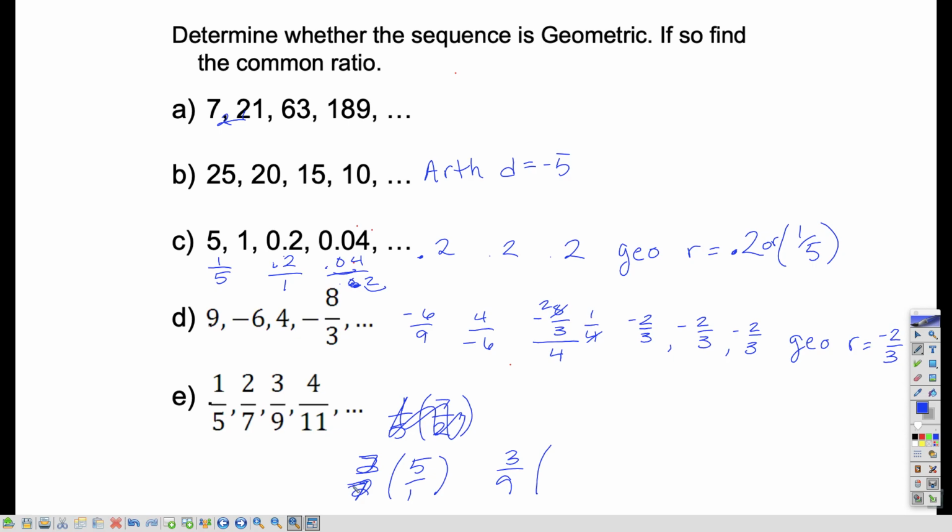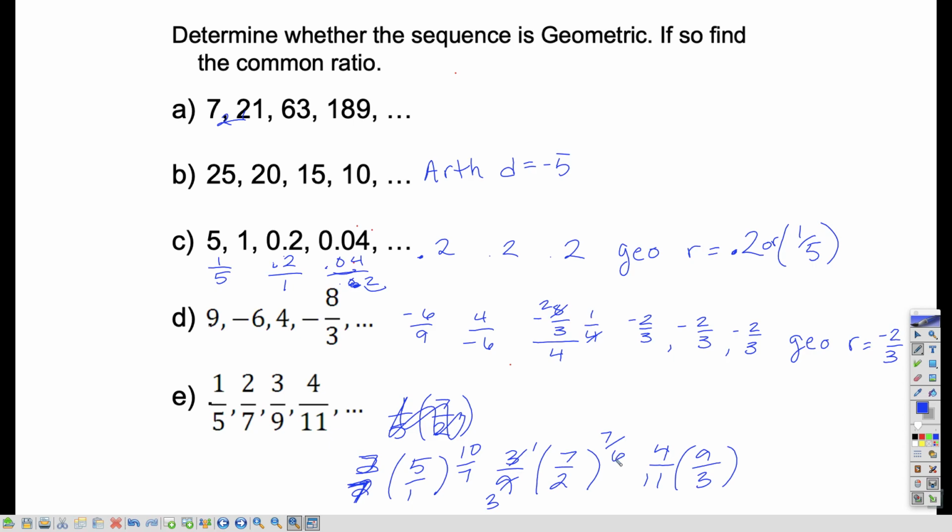Then 3/2 divided by 2/7, so multiply by 7/2. And then 4/11 divided by 3/9, so 9/3. Okay, so this would be 10/7, and this would reduce.